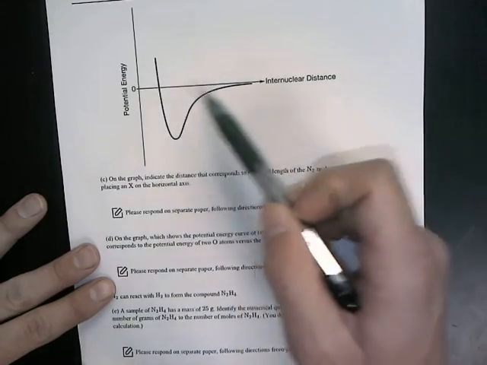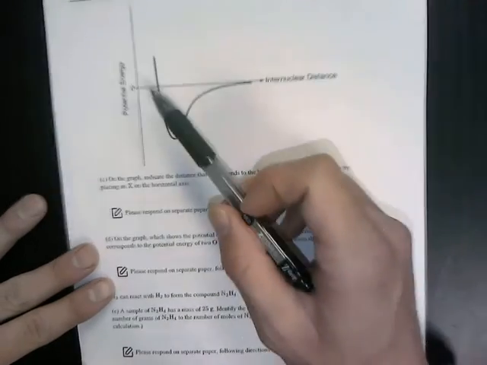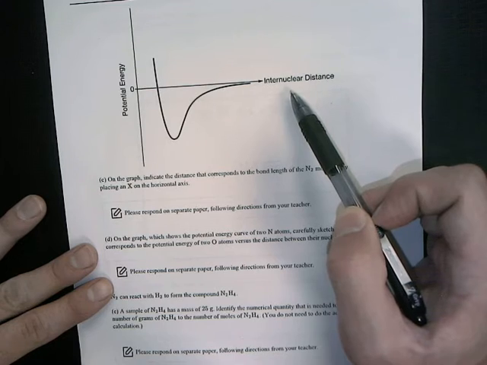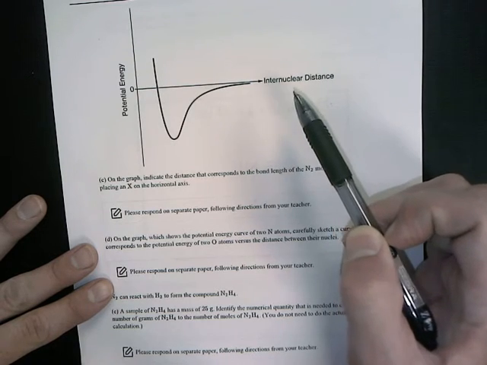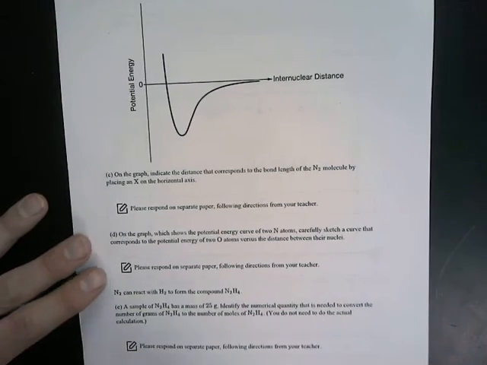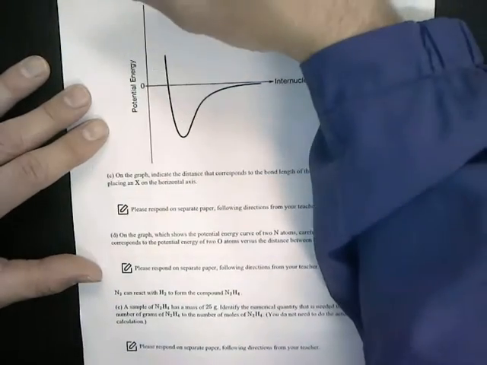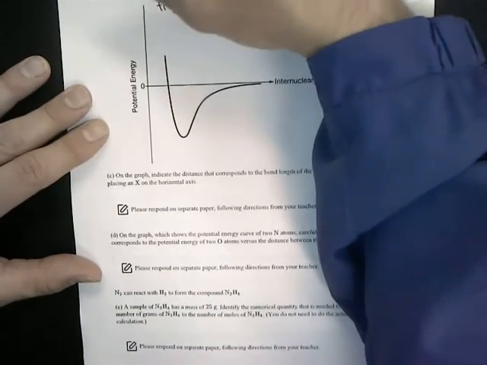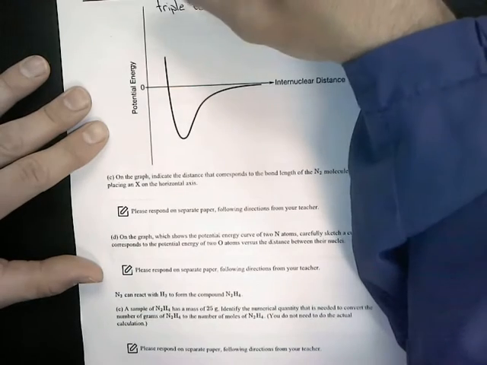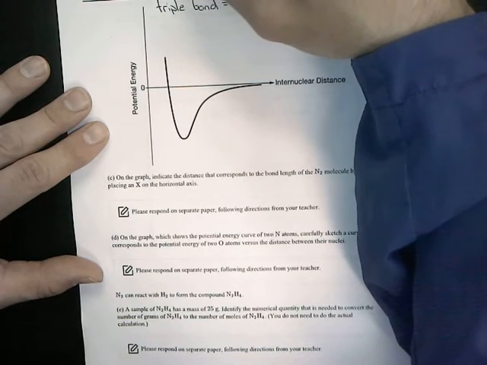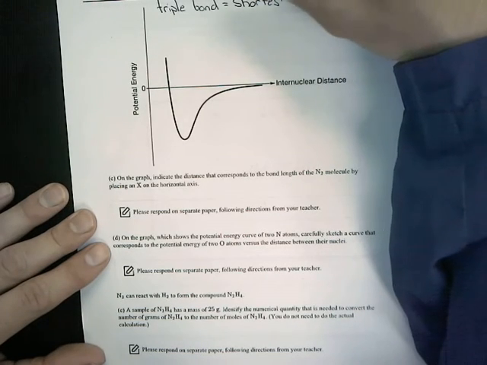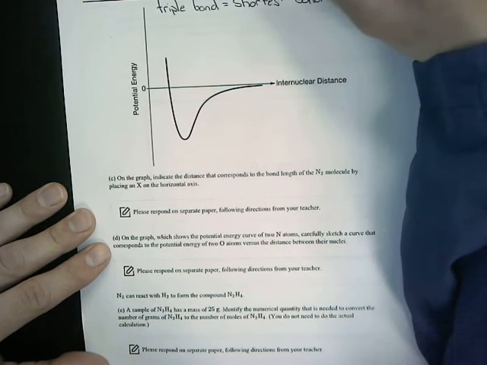So you can see this graph here shows the potential energy and what we call the internuclear distance, or how close atoms are in a bond. So remember, a triple bond equals the shortest bond length or shortest bond distance.